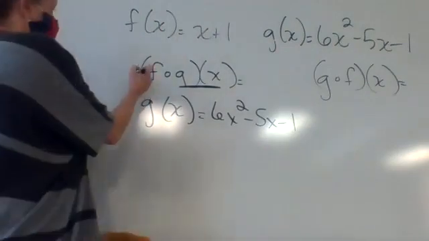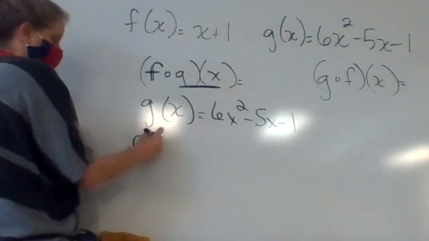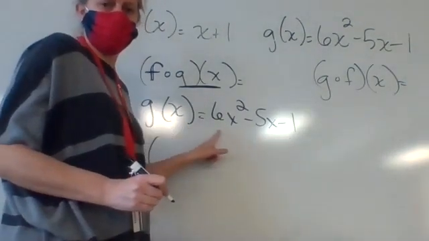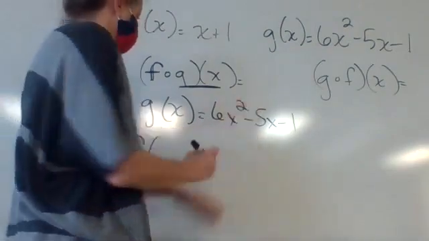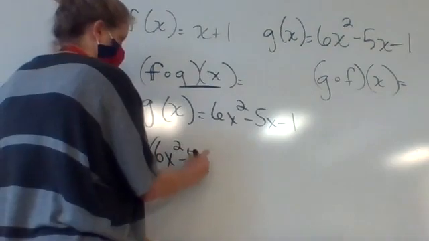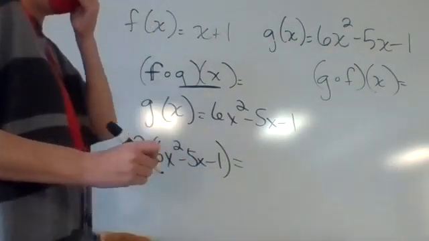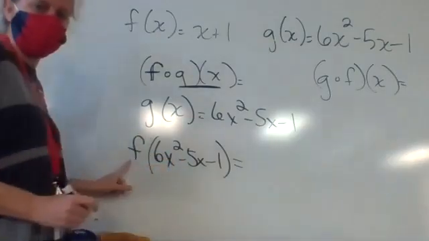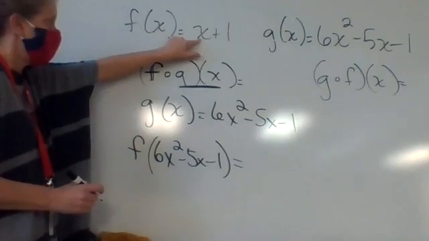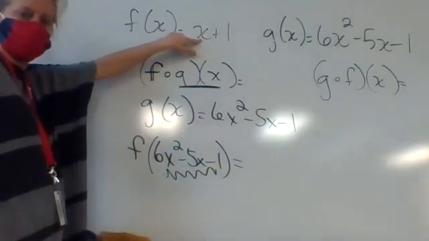The second part says I'm going to find f of whatever my last answer was. Since I couldn't simplify this, I'm finding f of 6x squared minus 5x minus 1, which means I go to my f function, and wherever I see an x, I replace it with what's in the parentheses.